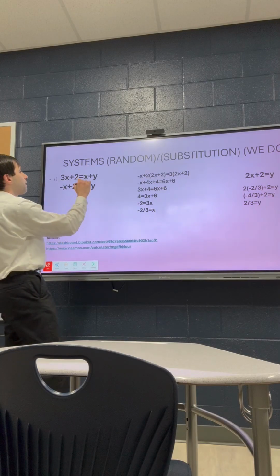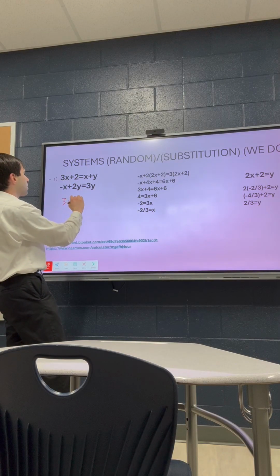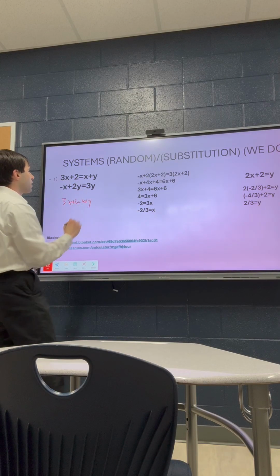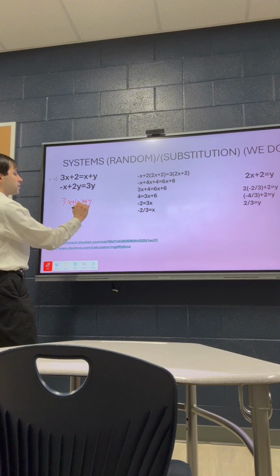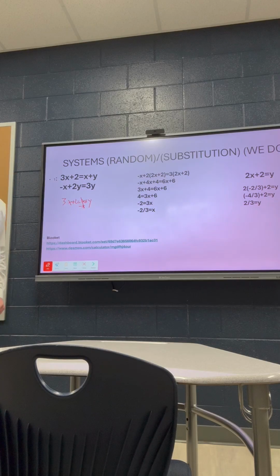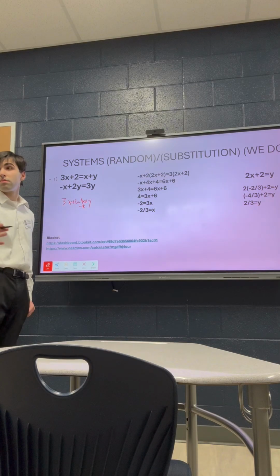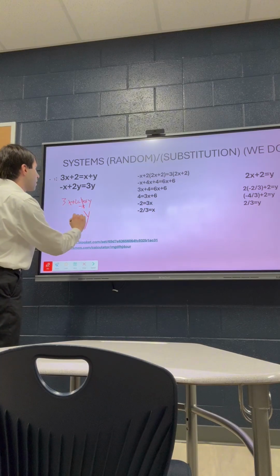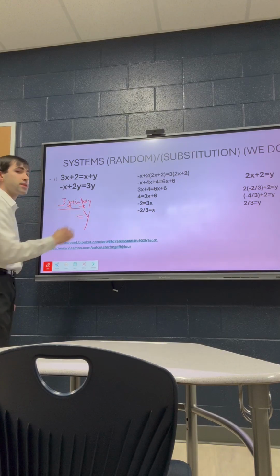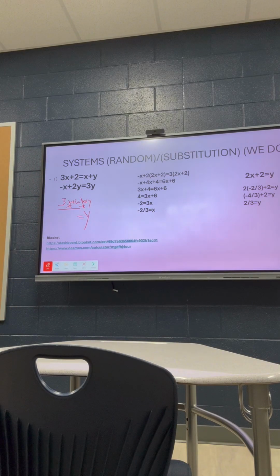So first we have 3x plus 2 equals x plus y. We subtract x on both sides, and then what do we get for the right side? Yes, y. We subtract x on the left side. What do we get? 3x minus x is what?